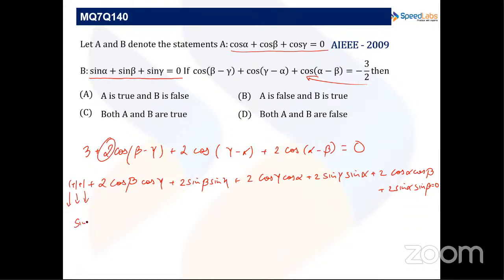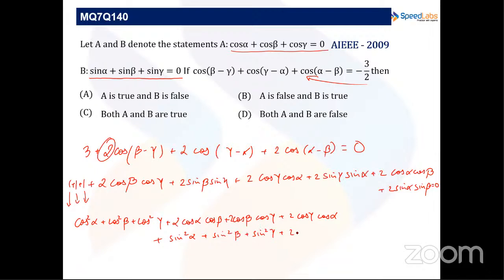So we will be getting cos square alpha plus cos square beta plus cos square gamma plus 2 cos alpha cos beta plus 2 cos beta cos gamma plus 2 cos gamma cos alpha plus sin square alpha plus sin square beta plus sin square gamma plus 2 sin alpha sin beta plus 2 sin beta sin gamma plus 2 sin gamma sin alpha equals 0.